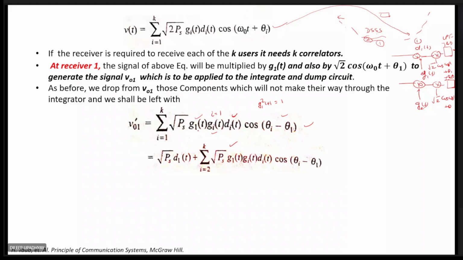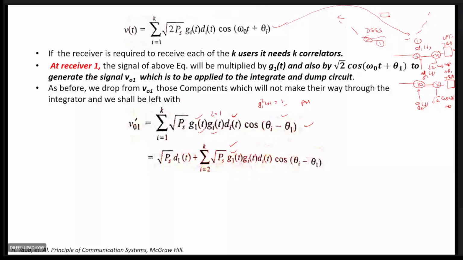We know that the PN sequence multiplied by itself, both being identical data with transitions at exactly the same time, gives a square that is nothing but 1. Then we have root P_s d1(t) plus the summation from i equals 2 to K of root P_s g1(t) g_i(t) d_i(t) cos(theta i minus theta 1).